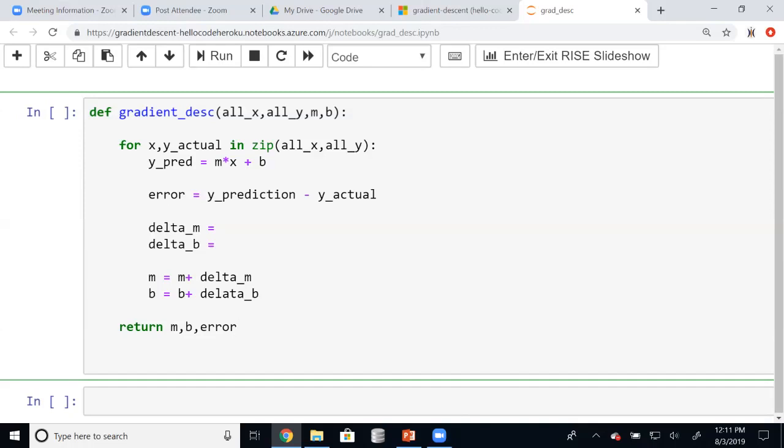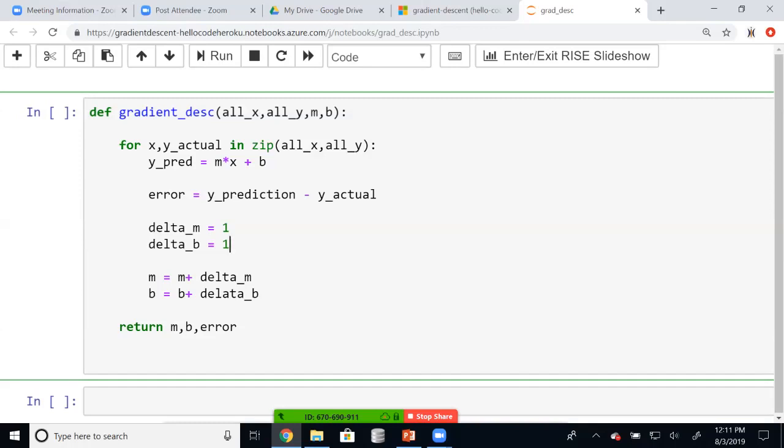Okay, right. So just for the sake of trying it out, let's just say delta M is 1 and delta B is 1. This doesn't matter. I'm just trying to see if this thing even works. Like, are there any syntax errors or not? I'm just putting some random values for delta M and delta B, to see if this method, gradient descent, is working or not.